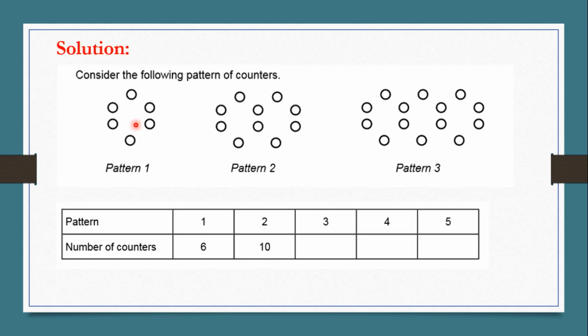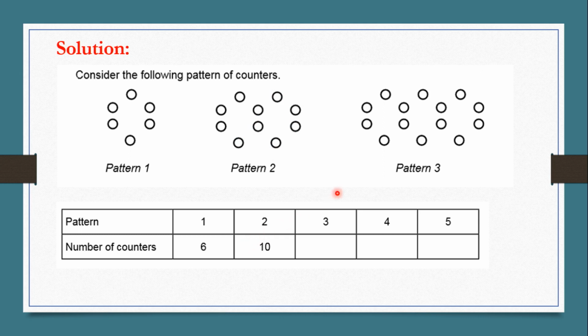So you can see that for pattern 1 we have 6 counters. Pattern 2, we have 10 counters.